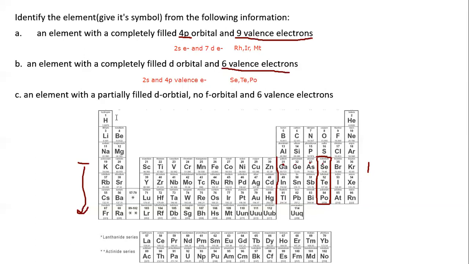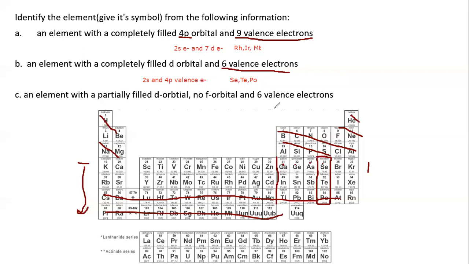And then lastly, we have an element with a partially filled d orbital, no f orbitals, and 6 valence electrons. Since it has a partially filled d orbital, it can't be anything up here. It has to start with the d orbitals. And it says no f orbital, so we can narrow down this row and this row.